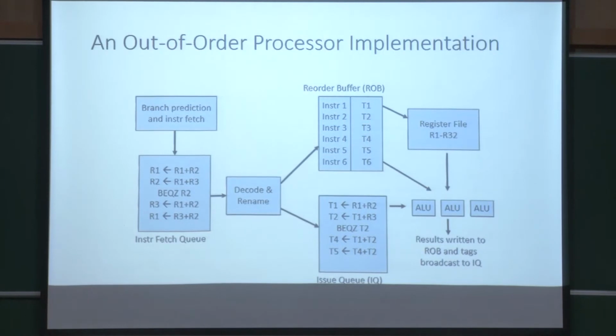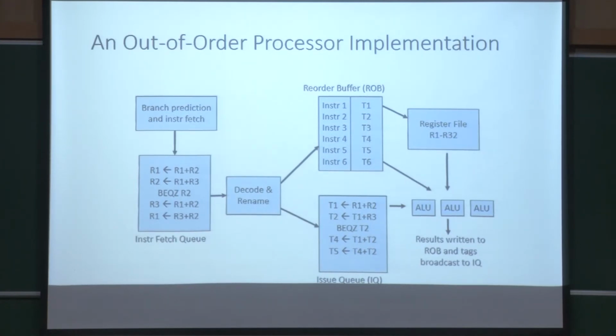So essentially, if I have this naive implementation of an out-of-order processor where I put the register results in this temporary register T1, and then when I'm ready to commit, I copy the contents of T1 into R1, bad idea. Don't want to copy data, ever.